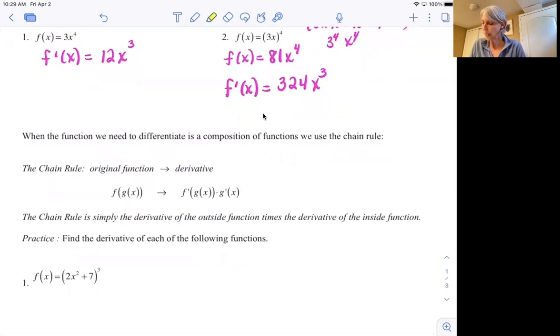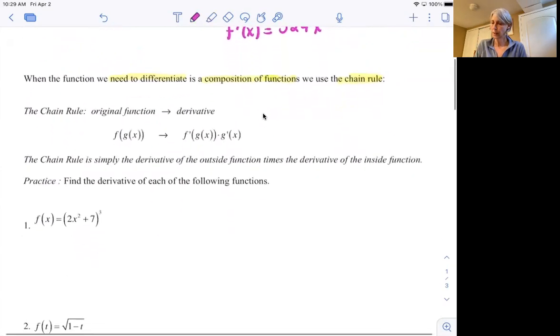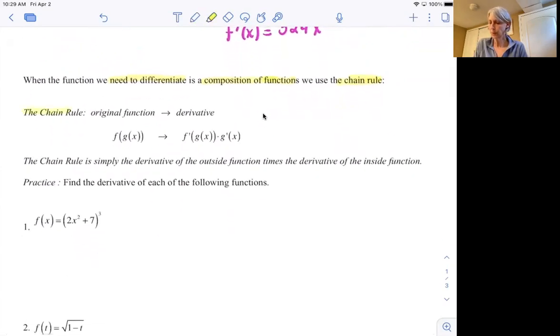Okay. When we're doing that, this is called a composition of functions. And whenever we need to differentiate a composition of functions, we use the chain rule. So for the chain rule, if your original function is a composition, f of g of x, then the derivative is f prime of g of x times g prime of x.